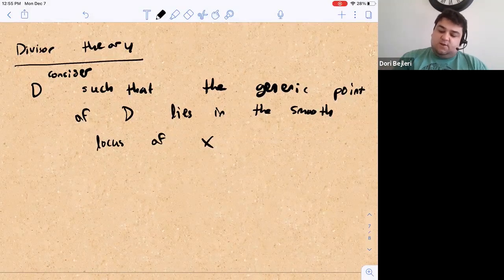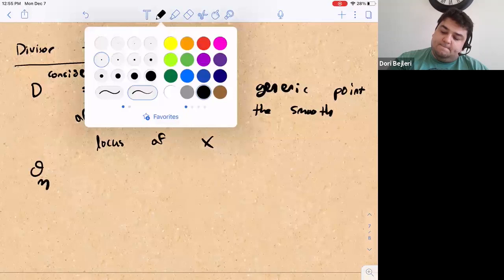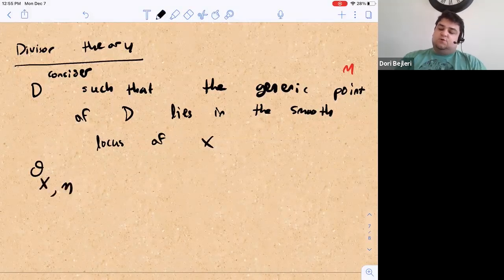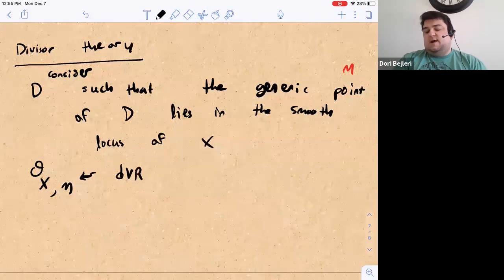And the way we do that is by looking at the local ring O of generic point on X. And so the condition that X is smooth along the generic point of D exactly tells us that this local ring is a DVR, and so we can talk about order vanishing along our divisor.